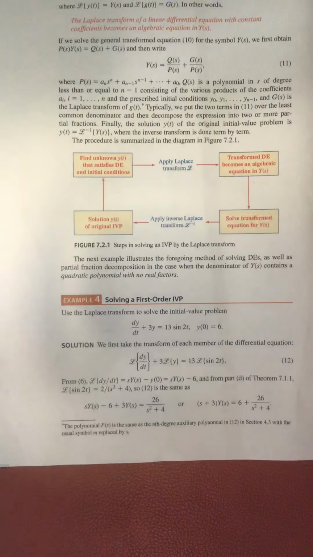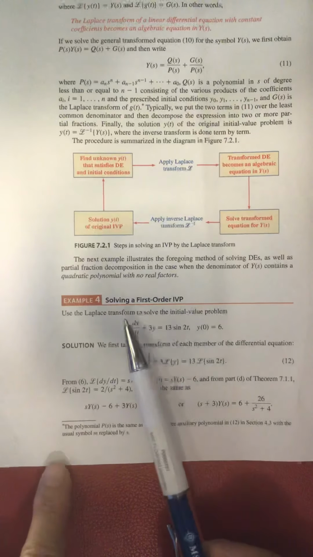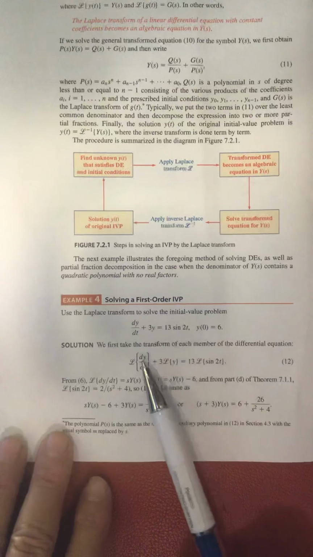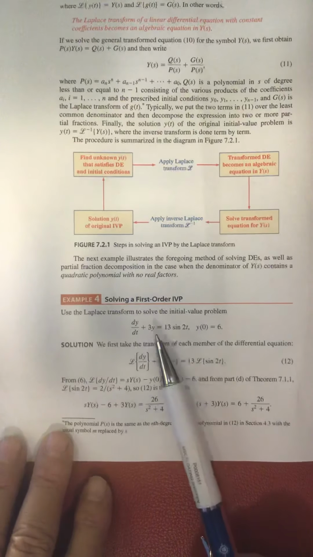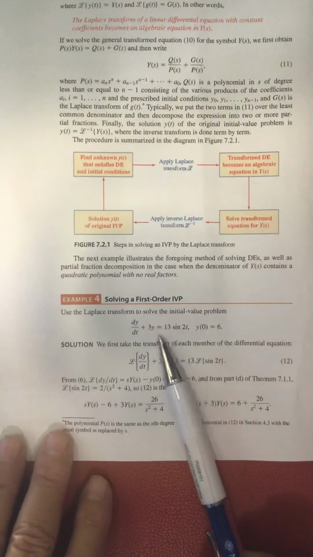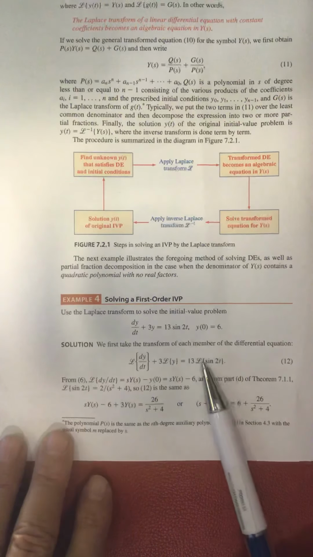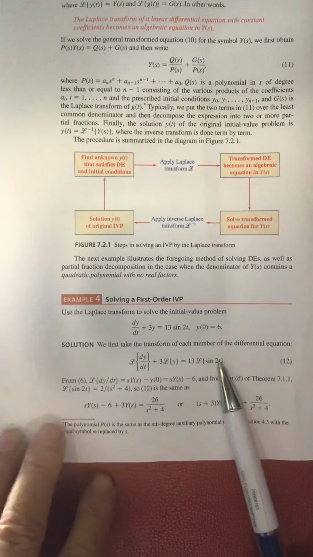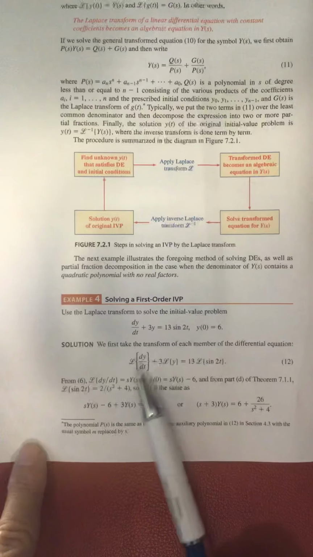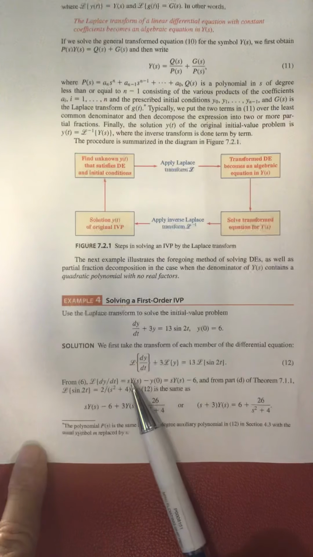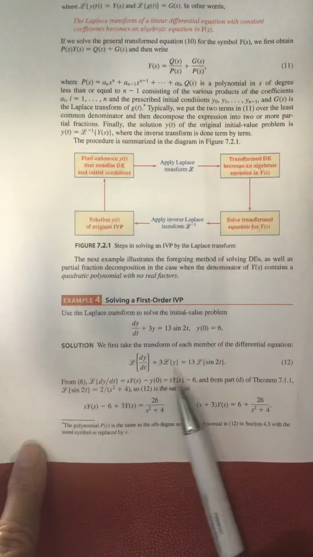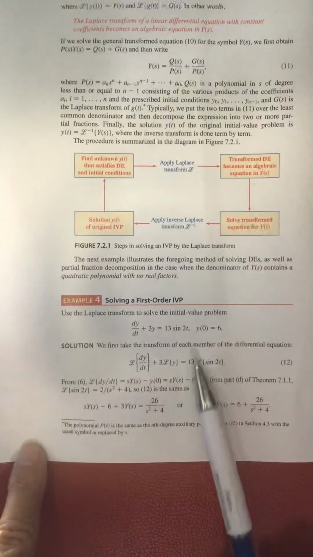So how does that work? Now here's one. dy/dt, so we need to do a Laplace on that. Then 3y, we need to do Laplace on that, equals 13 sine of 2t. We need to do a Laplace on that. Okay? So the first derivative is s times the function of s minus y of 0. Well, y of 0 was given as 6.